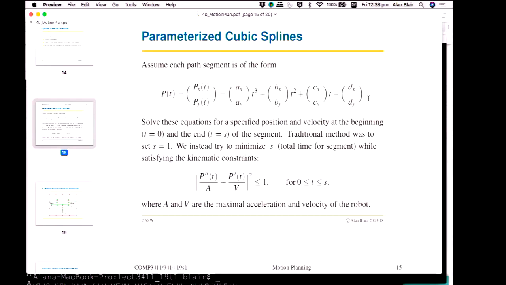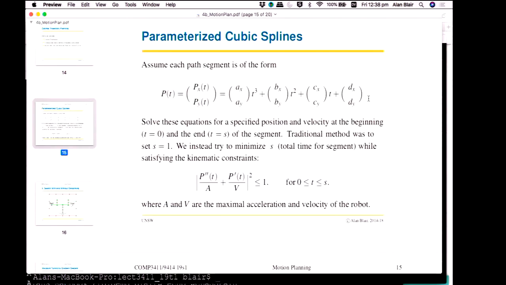And then I've got 2 cubic equations. The velocity at the beginning has to match up with the final velocity from the previous segment, and also at the end. So that gives me 2 more equations. So I've got 4 equations. And then I've got this constraint at the beginning and the end.